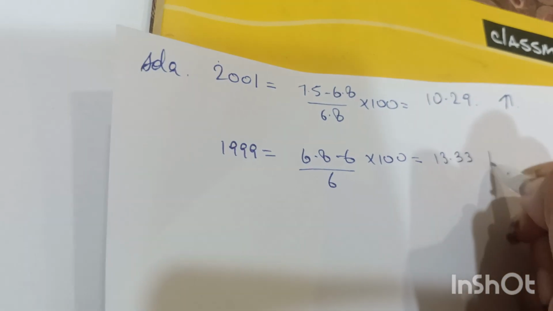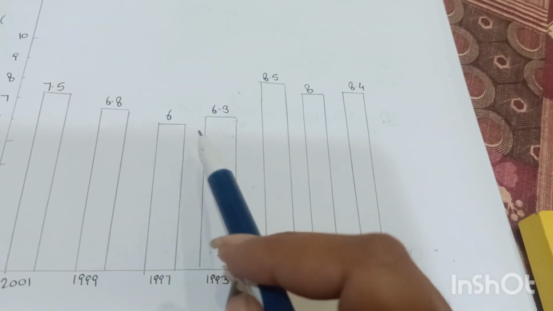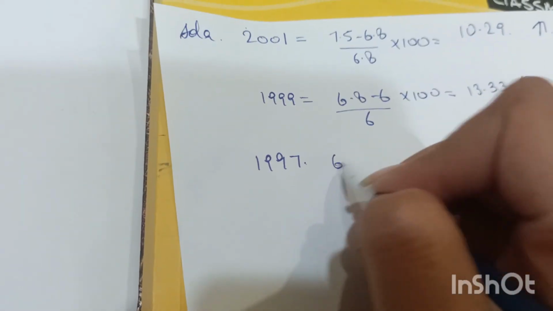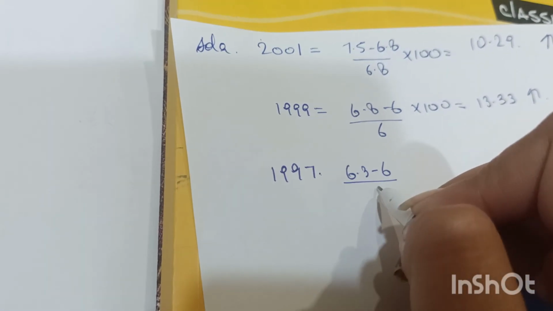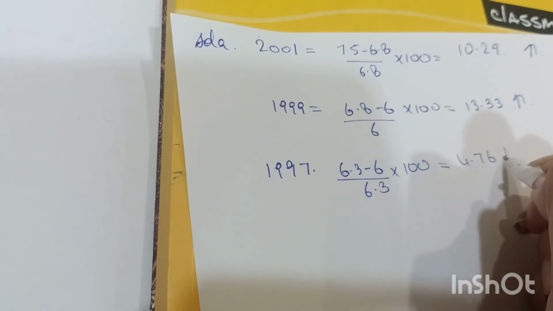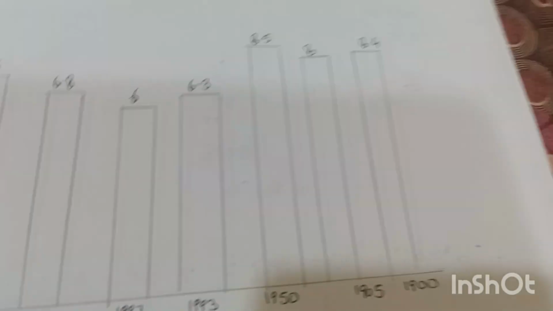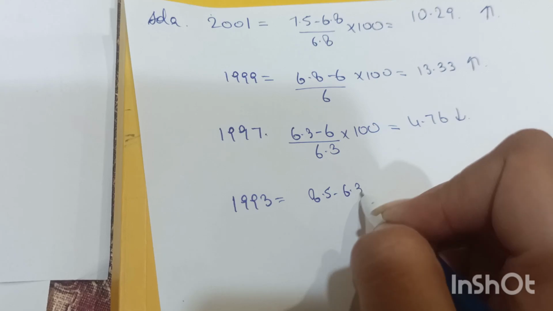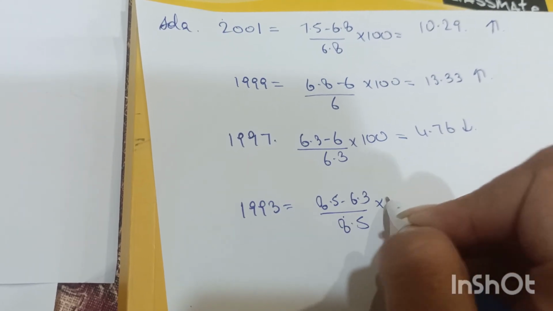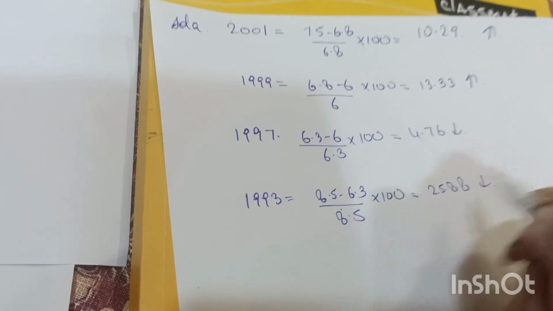There is an increase. Then for the next year, 1997. So for 1997 you have to do 6.3 minus 6 upon 6.3 into 100. So we'll get the value as 4.76, increase and decrease. And for 1993 you'll find 8.5 minus 6.3. Increase and decrease.